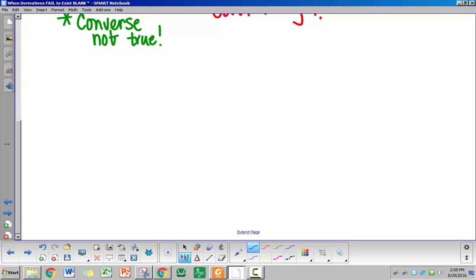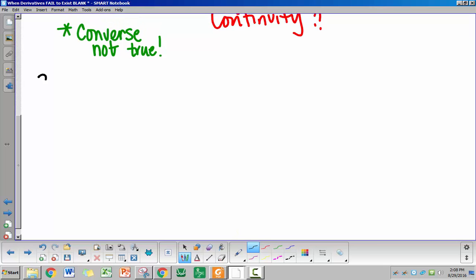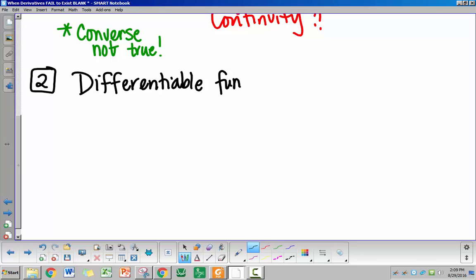Okay? So the next thing is, and I kind of went through this, differentiable functions, and I stress, what does differentiable mean? You can take the derivative and it exists, right? Differentiable functions are locally linear.